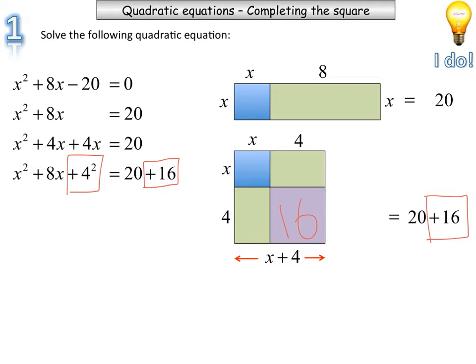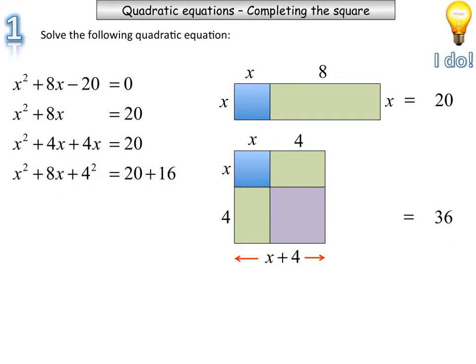So I've added 16 there, which is a 4 squared, and I've added 16 on the right hand side. The big thing you need to notice is originally we had an 8x and we've added a 4 squared. So that 8 we halve. That's why I split up that rectangle in two parts. So a half. So that's why it's a 4, and I've squared it because I've got that square.